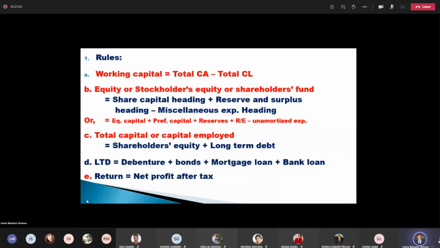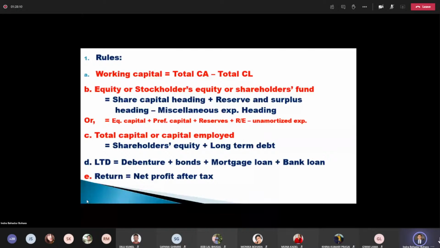Shareholders equity is simply the right of the shareholders in the company. When shareholders contribute capital, either equity shareholders or preference shareholders, in terms of equity capital and preference capital or preferred stock, the shareholders have the right to claim it. That is shareholders equity, and that is contributed capital.